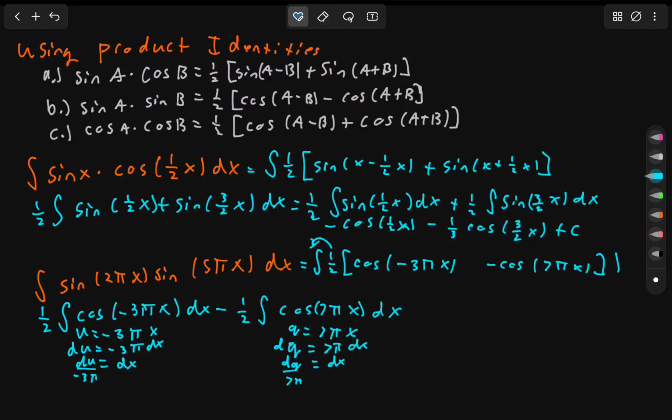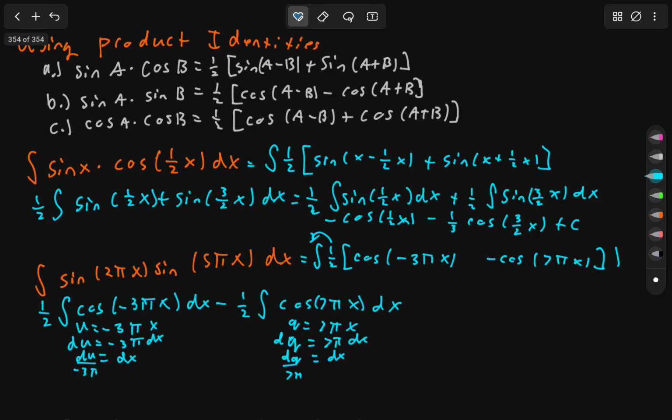Now what we have to do is call this what this is. So this is now going to become negative 1 over 6 pi times the integral. This is now the same thing as the integral of cosine of u. Well, I want you to imagine that I've already done all these steps.